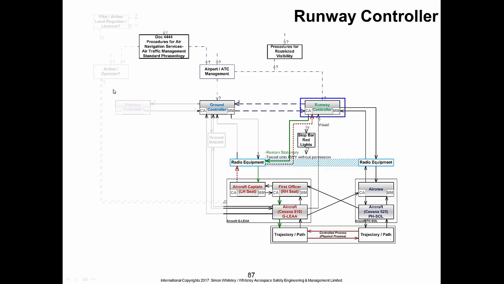But then how does it get down to the frontline operators? And the next question is, if it does get down to the airport, the air crew and the ATC controllers, why is it not enforced? What is the airport ATC management doing about making sure that this phraseology is enforced? The same goes for the airline or operator.